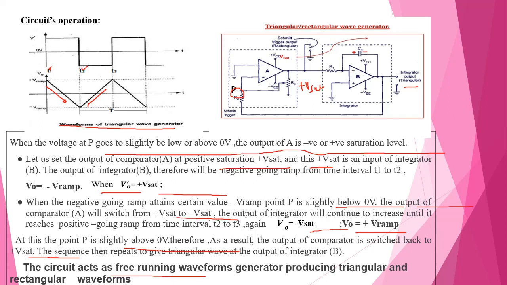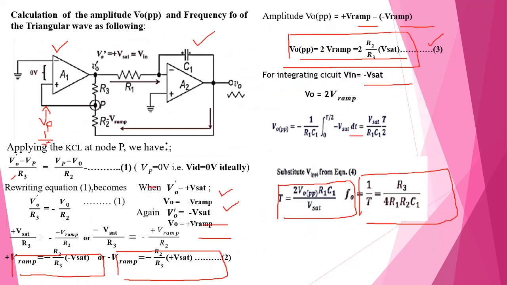And this circuit acts as a free running waveform generator, producing triangular and rectangular waveforms. In the previous slide, we discussed the circuit operation. On this slide, we discuss the derivation of the amplitude and frequency of the triangular waveform.